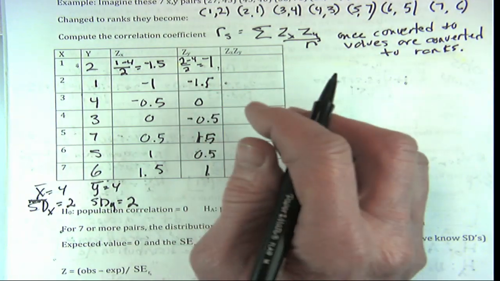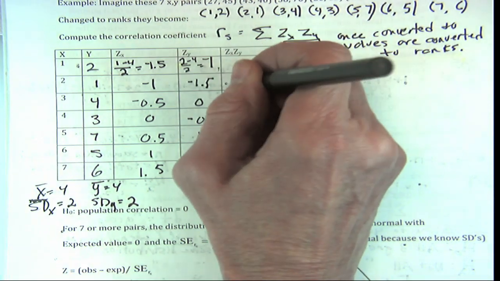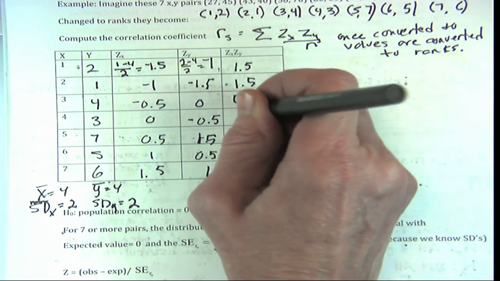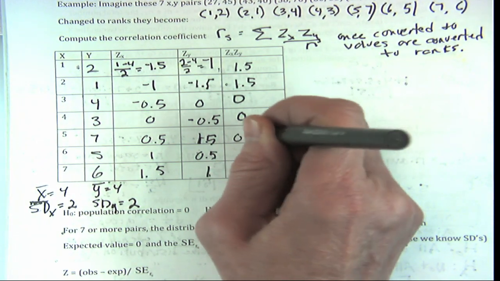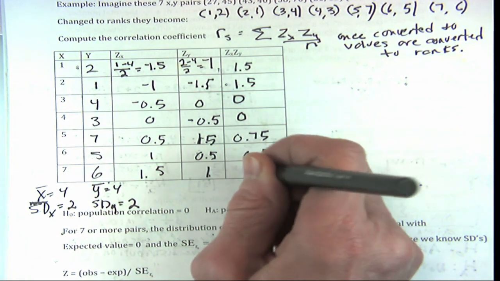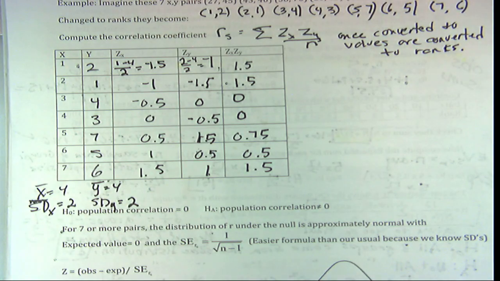All right, so now, what do we have here? We do their products. We have 1.5, 1.5, 0, 0, 0.75, 0.5, and 1.5. So that's their products. Okay.